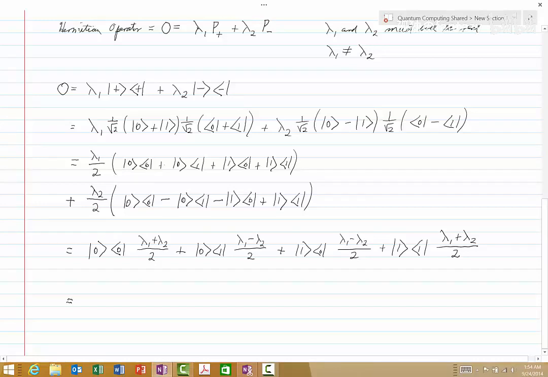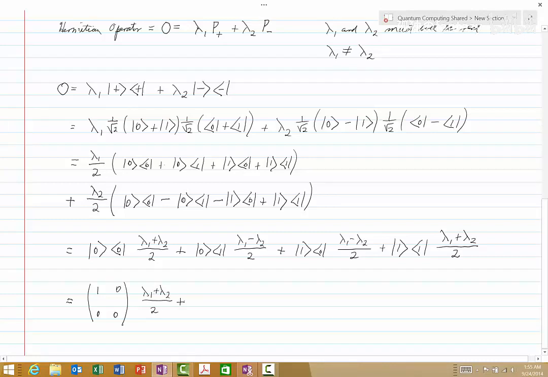Now, let's think about our matrix representation for each one of these operators. We have these operators |0⟩⟨0|, |0⟩⟨1|, |1⟩⟨0|, and |1⟩⟨1|. If you review our last lecture, you will recall that the matrix form for |0⟩⟨0| is [1, 0; 0, 0] times (λ1 + λ2)/2.